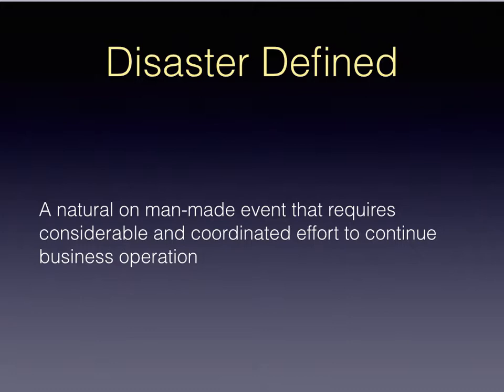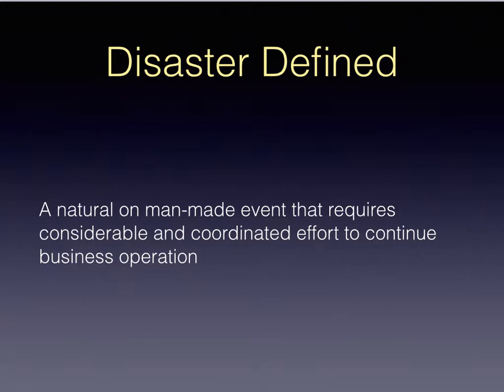A disaster, and disaster recovery planning, is a subset of business continuity and business continuity planning. A disaster is a natural or man-made event that requires considerable and coordinated effort to continue business operation. So what is the difference between a business continuity event and a disaster? In a business continuity event, just a basic event, you might lose a server or a server drive. So temporarily, you can send in an engineer, the engineer can fix it, and you're back up and running. With a disaster, you might lose the entire data center.